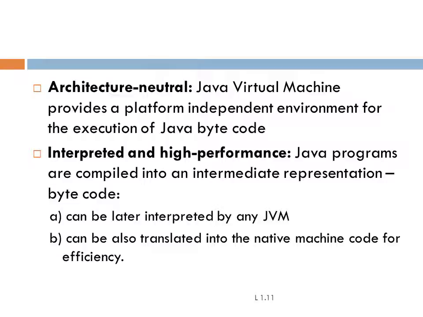Because of the interpreted nature, we are able to execute Java programs in different environments. Java is also a high performance language. Why? Because the code is highly optimized, so it takes very little time to execute, and because of the just-in-time compiler, it can be executed very fast.